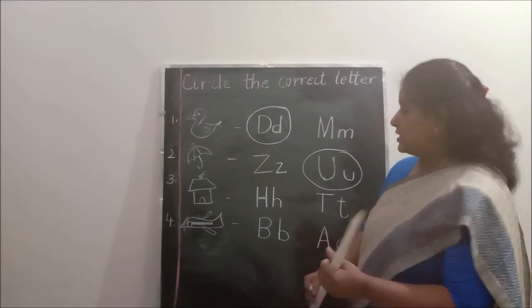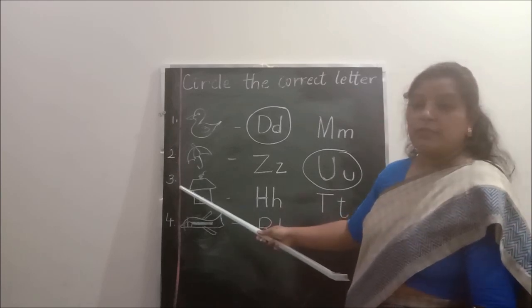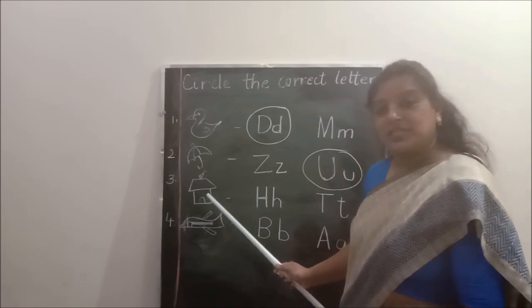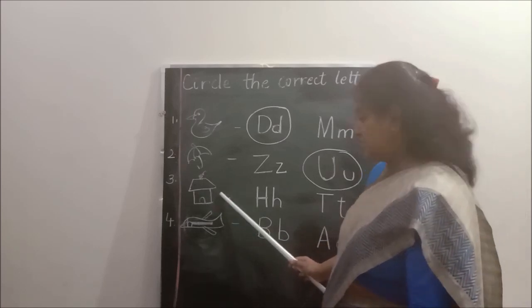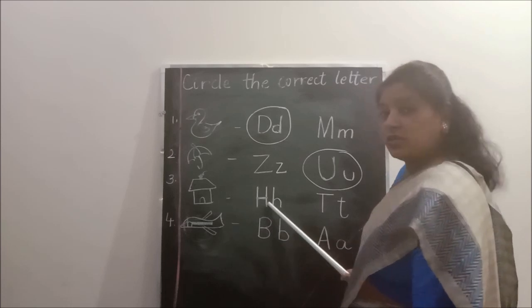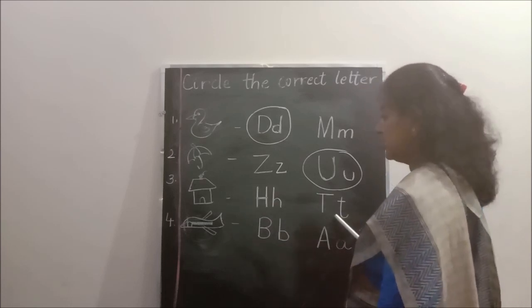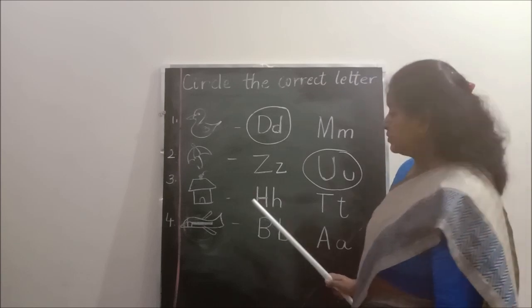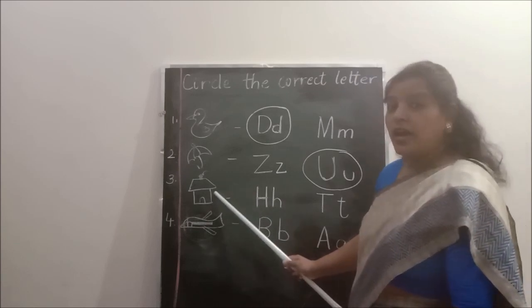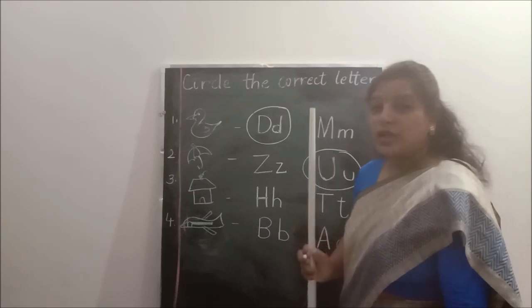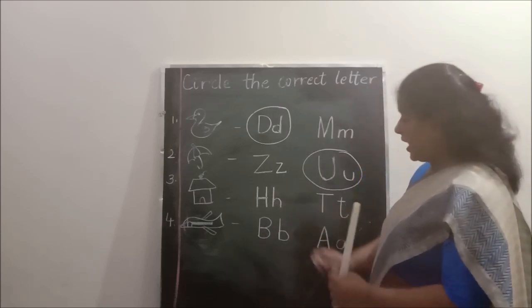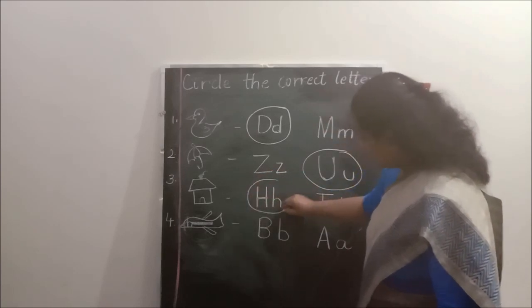Clear? Same way, picture number 3. Picture number 3 says it's a hut. H and T. Which letter are we going to circle? H. Hut. H sound comes. So which letter are we going to circle? H. Very good.